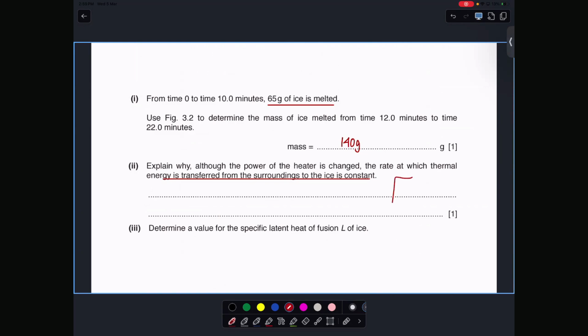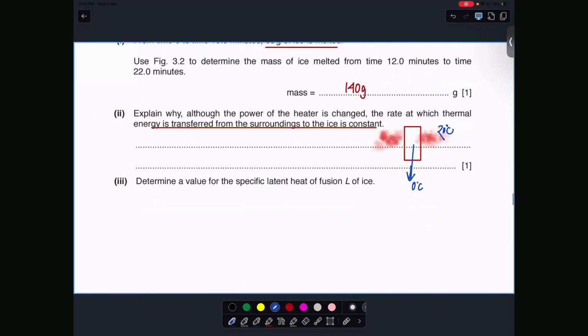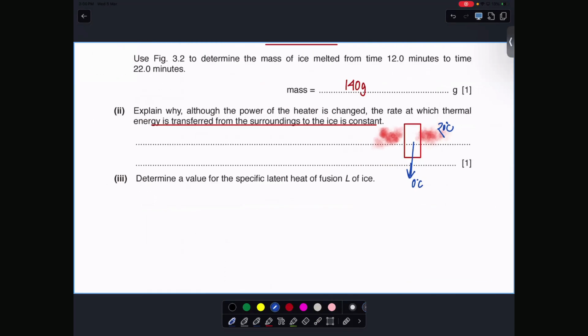So আমাদের heat যেটা gain করা হচ্ছে only depends on the temperature difference between your system and the surroundings. Aren't we trying to maintain a constant temperature here? So how much is the temperature that we are trying to keep here? 0 degrees Celsius. And what is the surrounding temperature, whatever that is? So throughout the process আমার যদি কোরটা 0 থাকে আর বাইরেটা 20 থাকে, wouldn't it gain heat at the same rate throughout? Yeah, so a difference in temperature. Although the power of the heater is changed, the rate of thermal energy transferred is the same. Why?